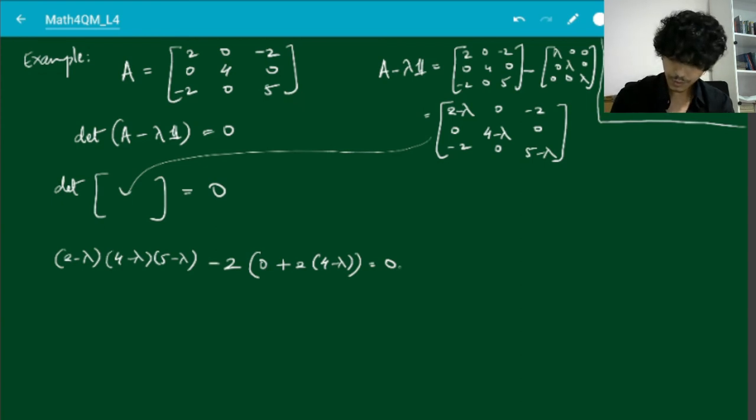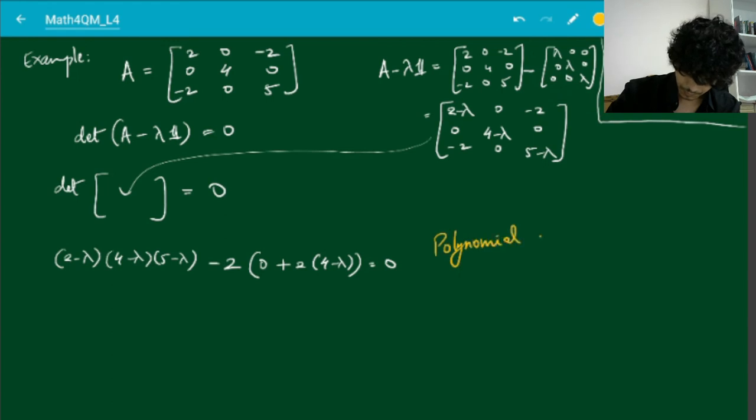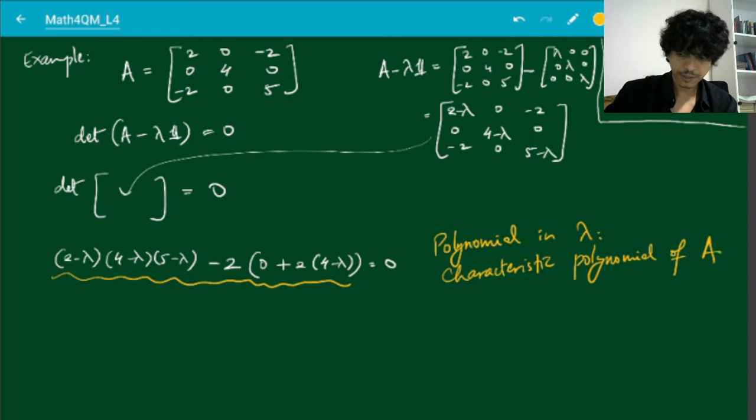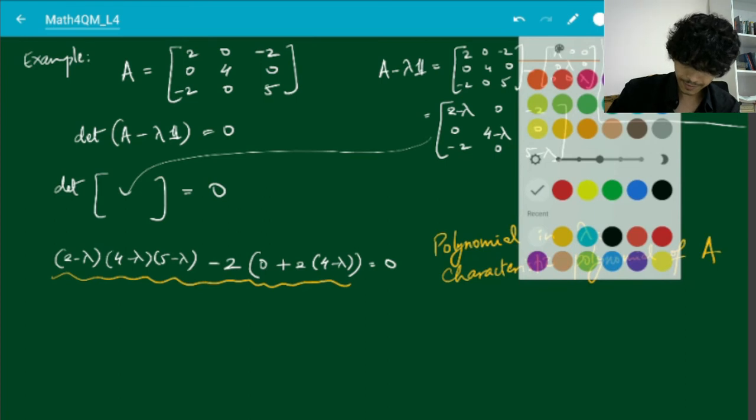So you see what we've got now is some polynomial in lambda. This polynomial is called the characteristic polynomial of the matrix A. And this equation is called the characteristic equation. So we're going to solve this characteristic equation.